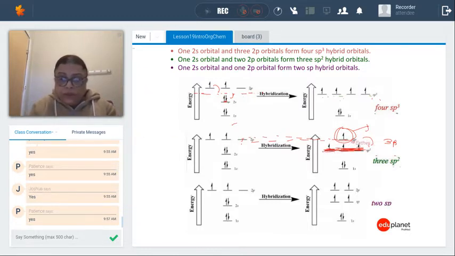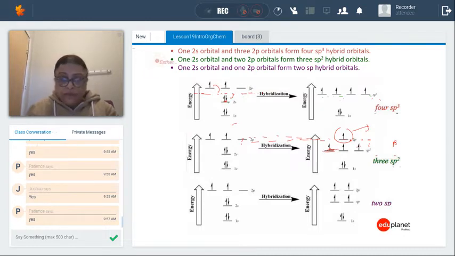So carbon is able to select and say, I don't want all the p's, I want only 2. And then he creates an sp2. These are 3 orbitals that are a mixture of 2 of the p and 1 s.